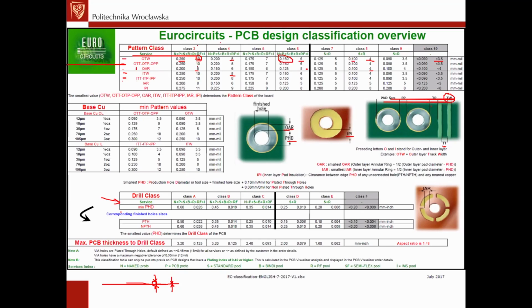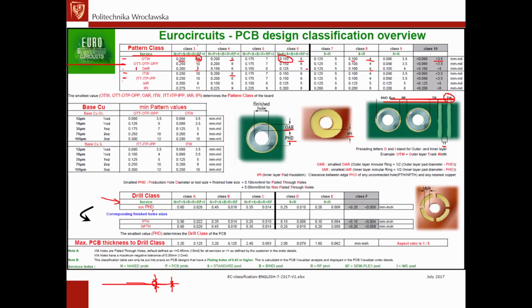It's actually a physical hole. And the limits result not from the etching process, which the track width depends on, but on the capabilities of the factory, on the tools the factory is using.